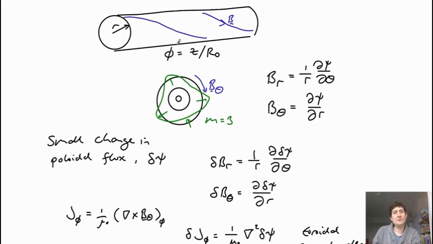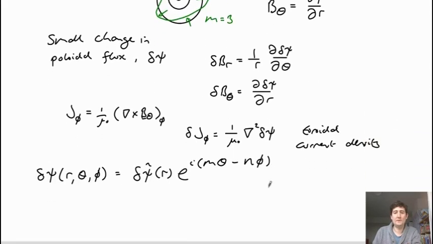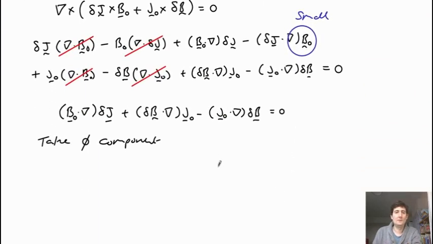There will of course be some change in magnetic field in the toroidal direction, but because the equilibrium field is much stronger in this way compared to the poloidal field, and the structures will therefore be very long in the toroidal direction compared to the poloidal direction, we can neglect the toroidal magnetic field perturbation. And so we're just left with these two here.